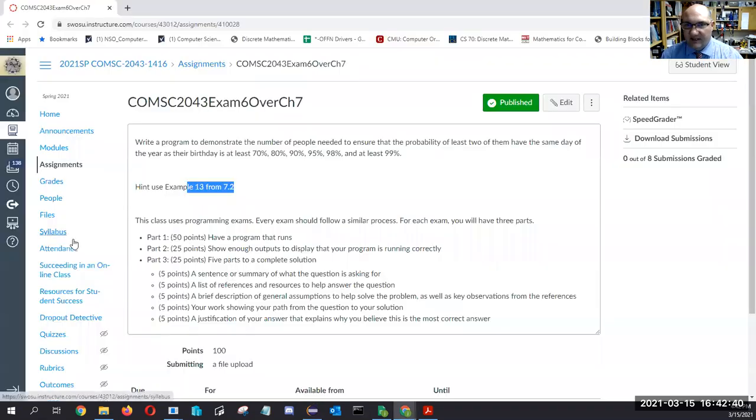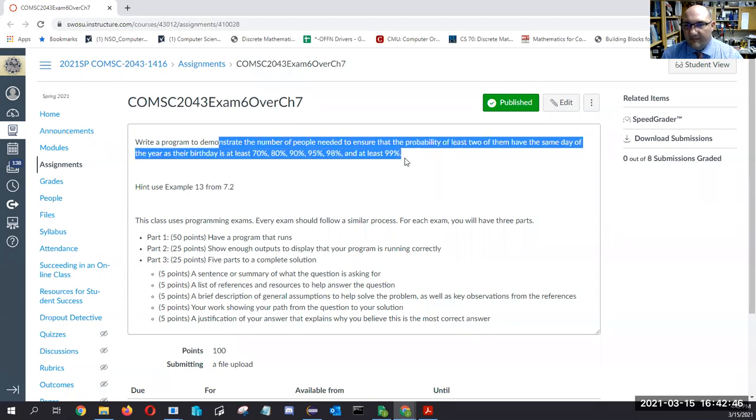Let's revisit the question right quick. Write a program to demonstrate the number of people needed to ensure the probability of at least 2 of them in the room having the same birthday of the year is at least 70%, 80%, 99%. Okay.